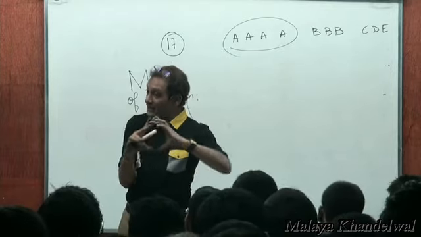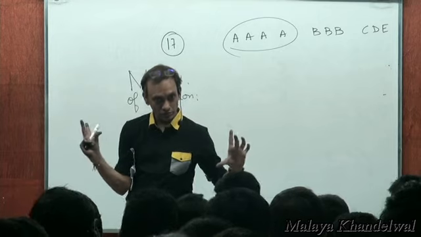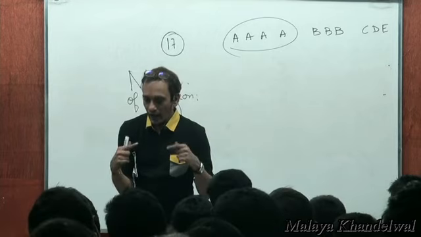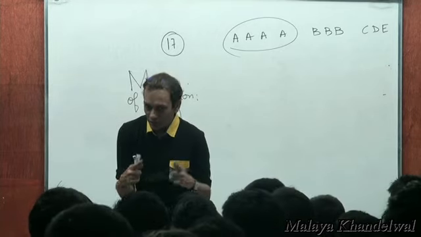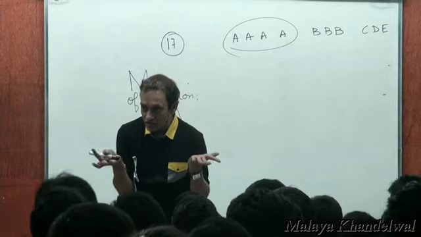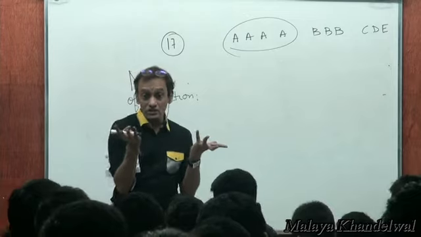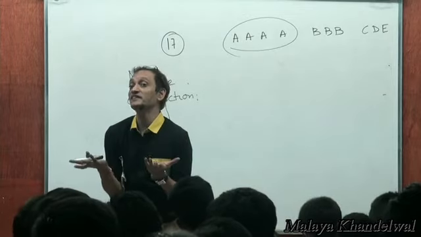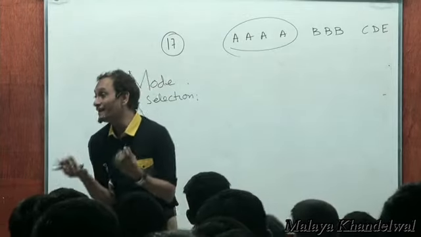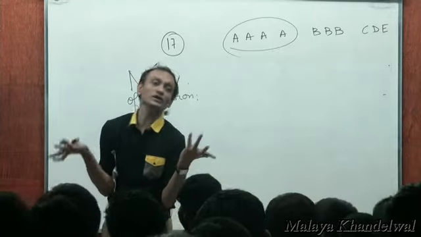When I'm making a selection, it would be the number of ways in which I could deal with these A's, and the number of ways in which I could deal with these B's, and then the number of ways in which I could deal with C, and then D, and then E. That will give me the total count.